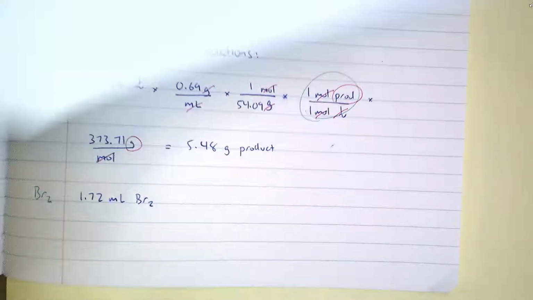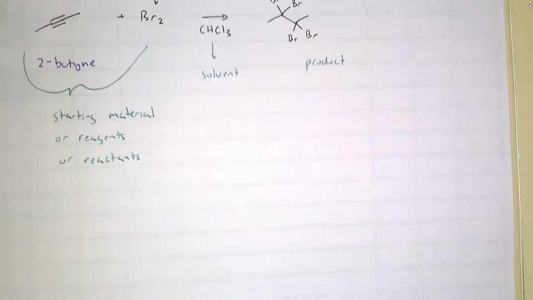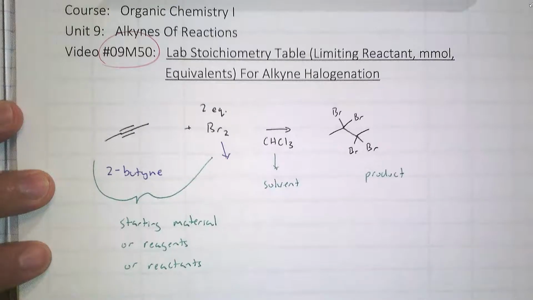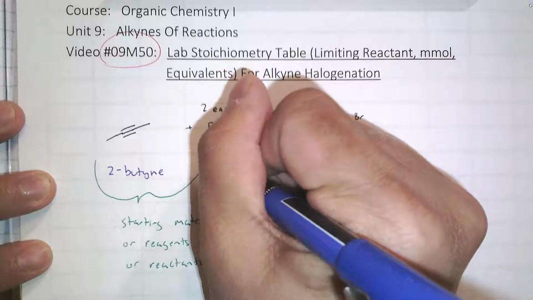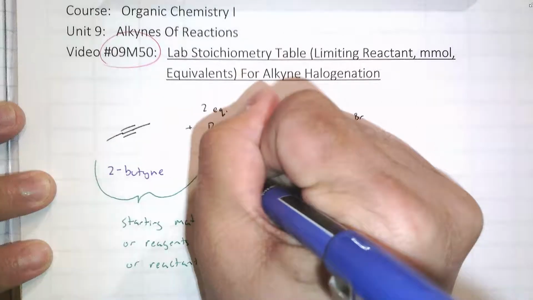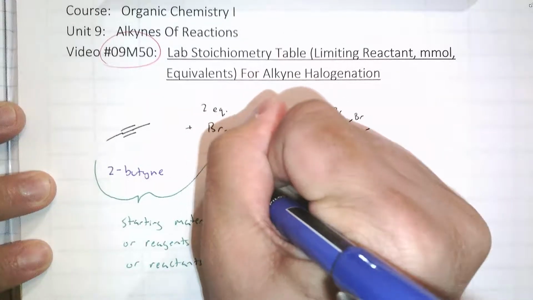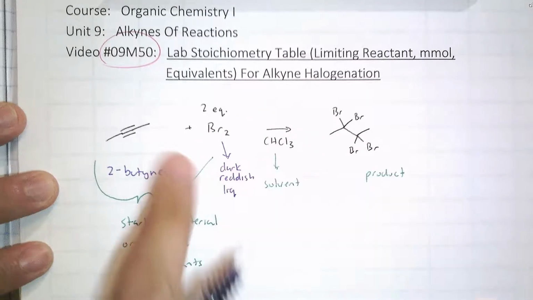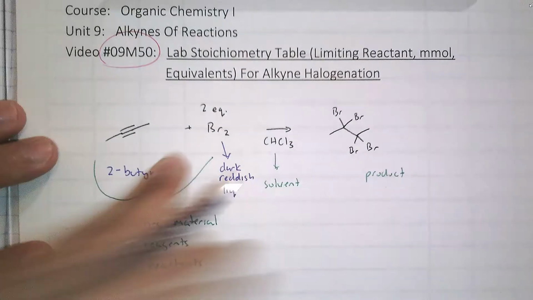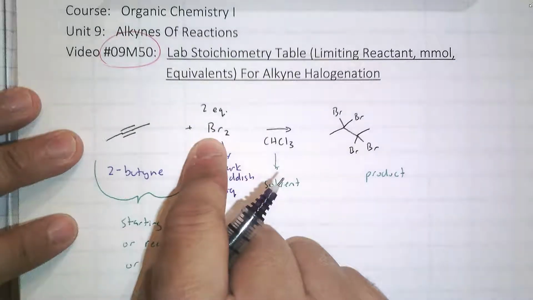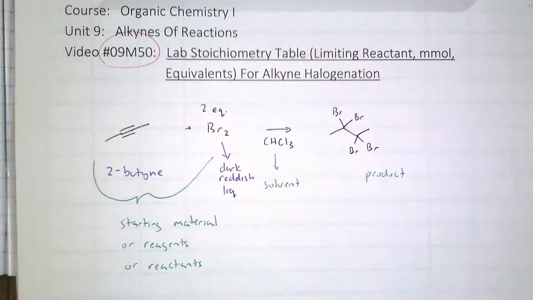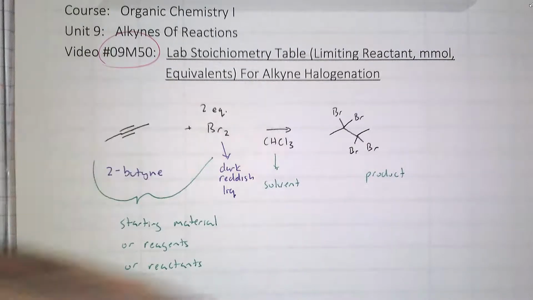Okay, I showed you that video because Br2 starts out as a dark reddish liquid. If you're able to consume all of it or most of it, then you'll have no more Br2 and the solution will start to get lighter or decolorize.